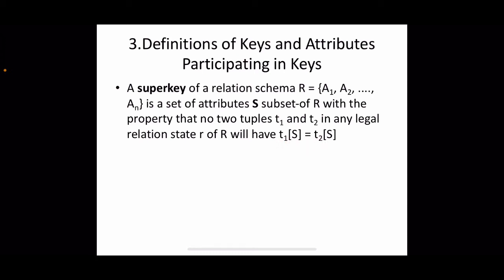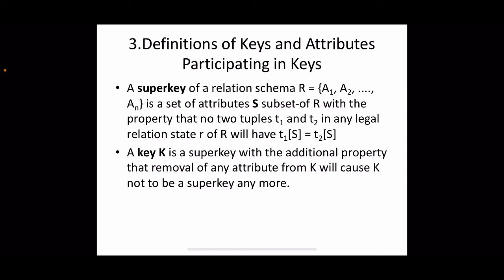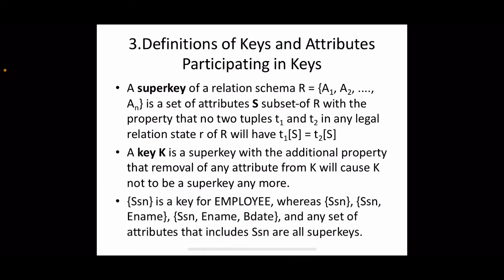That means if we take that super key set, no two different tuples will have the same super key value. Such a set of attributes is called a super key. Whereas a key, denoted by capital K, is a super key with the additional property that removal of any attribute from K will cause K not to be a super key anymore. We will see an example that will make this clearer.